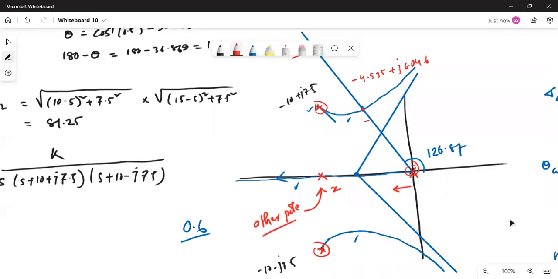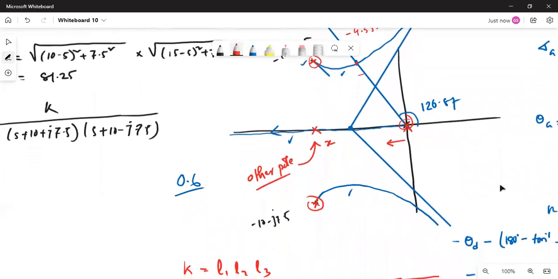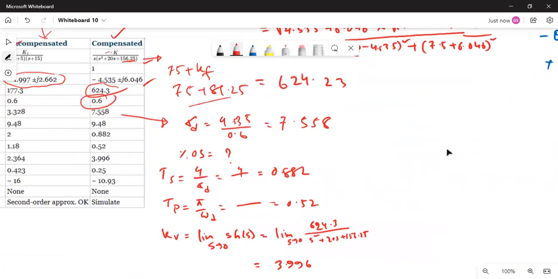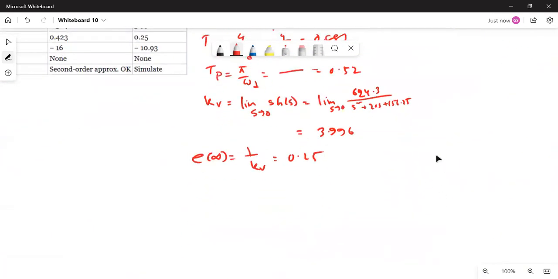So this is a slightly different scenario now. Your gain, which is 624.3, will be the product of the lengths. From the first one, which is at the origin, the length is x. There is no doubt about it. What about the other location?